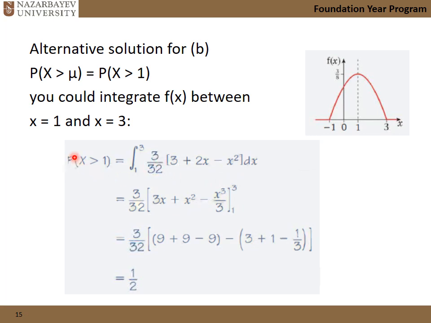We are not calculating for the mean, we are calculating for probability. If you want to calculate a probability, the only thing you need is the function itself, and then integrate from your limit probability, from where to where. In our case, from 1 to 3. Perform the integral, and then you are going to end up with the same result.